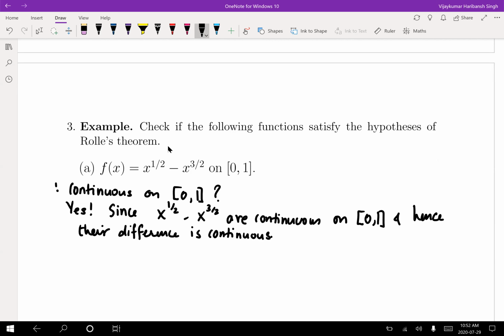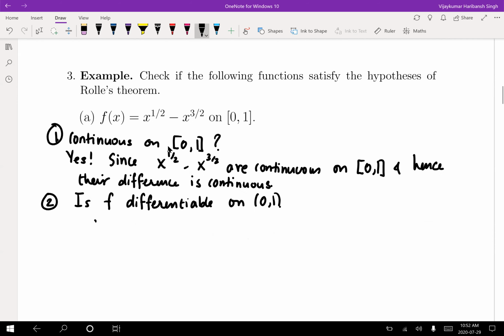So that's one. Two, is f differentiable on the open interval (0, 1)?